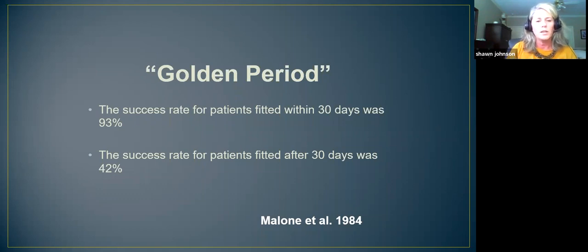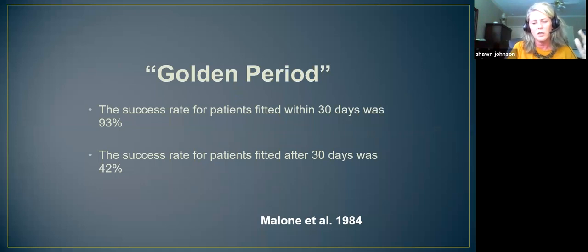Anyone fit after that 30-day window or golden period dropped to about 42%. So what I want to show here is something that you could consider if you have a willing and able team approach, an immediate operative prosthesis idea. But just avert your eyes if gory stuff is not your thing.